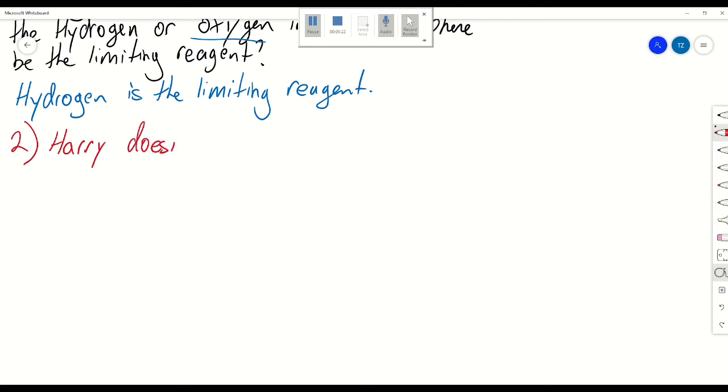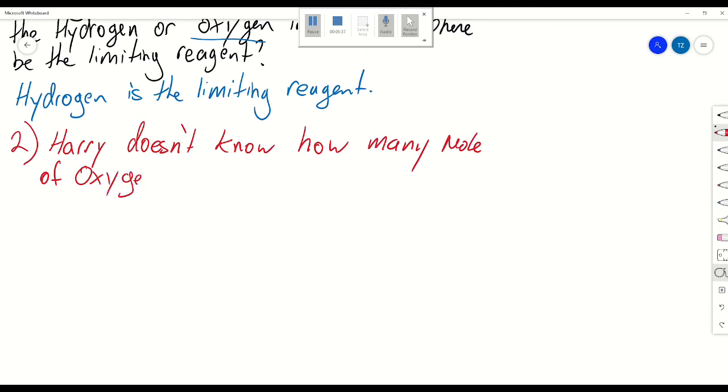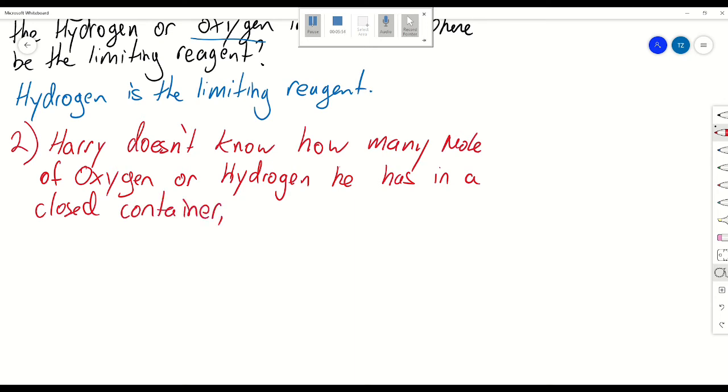Next question. Harry doesn't know how many mole of oxygen or hydrogen he has in a closed container, but he does know their mass.